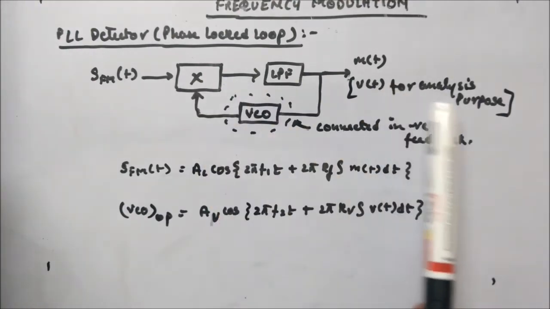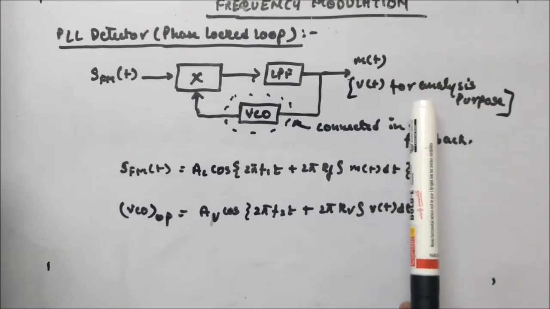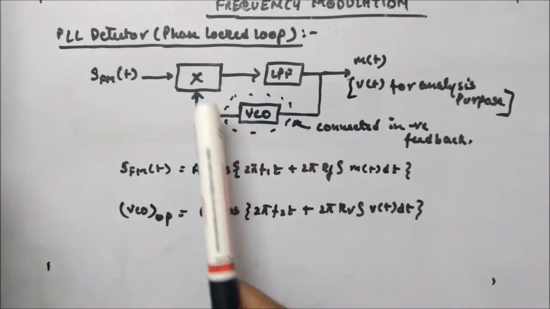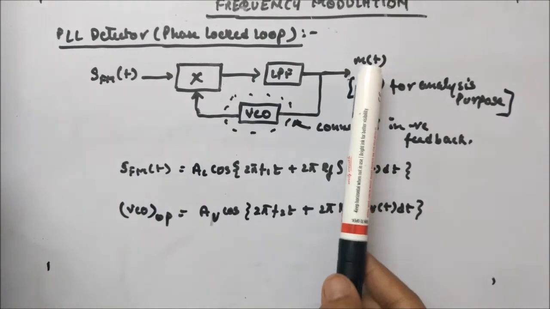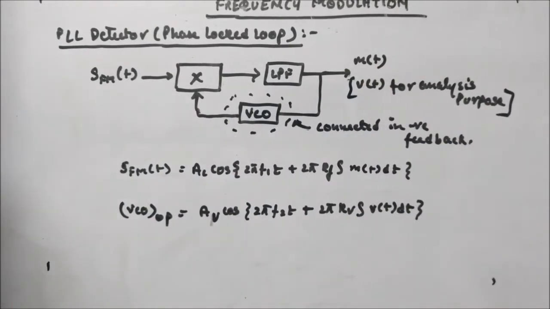For analysis purposes we will represent the message as V(t). We will see later why. So this is the block diagram: multiplier, low pass filter, and VCO. This is the FM signal, this is your message signal, and this is connected in negative feedback. So this is the block diagram of PLL.